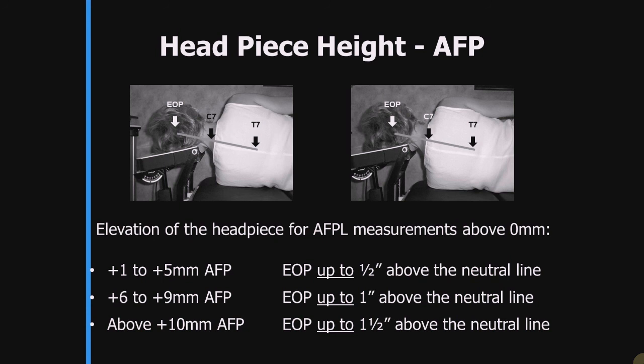If the atlas frontal plane line measures +6 to +9 millimeters, we're going to raise the headpiece till the EOP is 1 inch above the neutral spine line. And if it's above 10 millimeters, we're going to raise the headpiece till the EOP is up to 1.5 inches above the neutral spine line, and that's as far as we go.